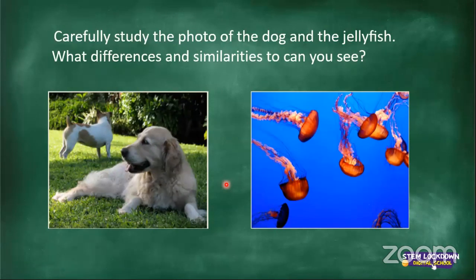What's different about the way that they move? How does a dog move and how does a jellyfish move? Good. A dog has legs, a jellyfish doesn't. Right. Let's move on to the next slide.